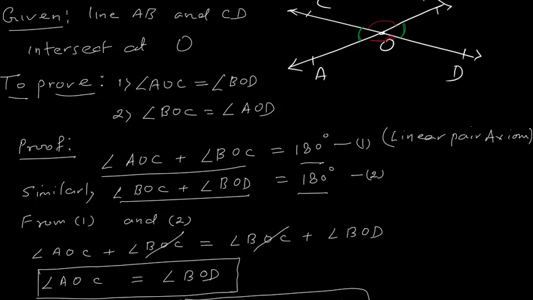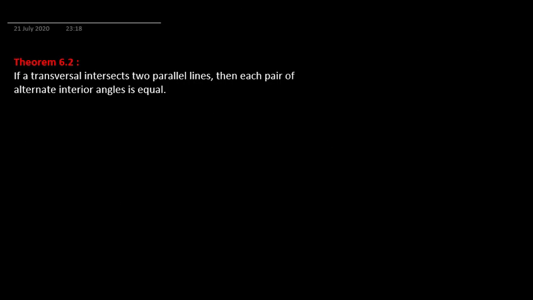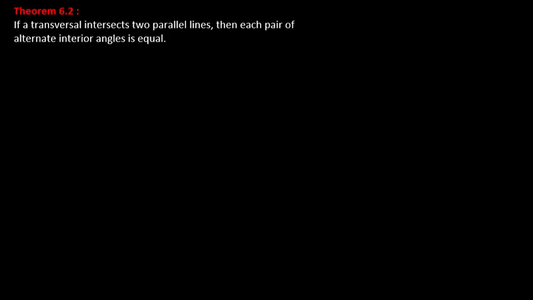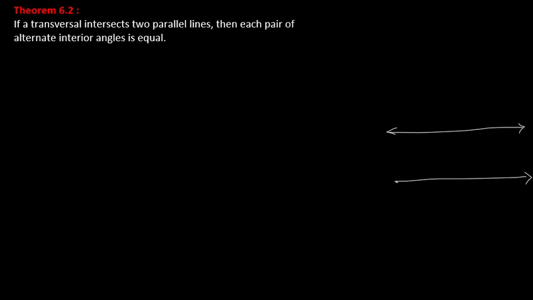Now let us see the next theorem, theorem 6.2. The statement is, if a transversal intersects two parallel lines, then each pair of alternate interior angles is equal. So I will draw two parallel lines. I have one line, and it is parallel to another line, and there is a transversal.